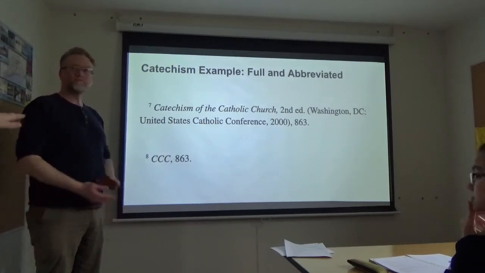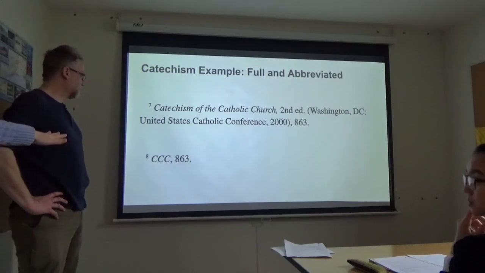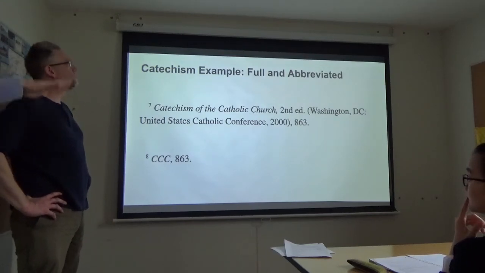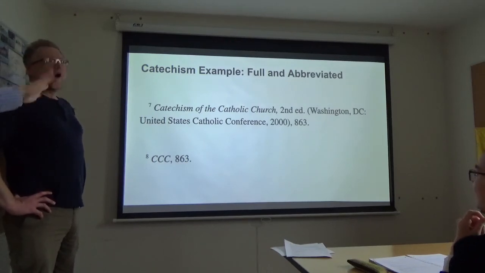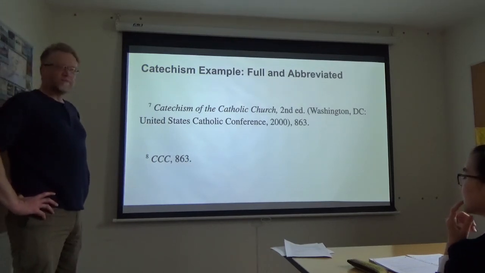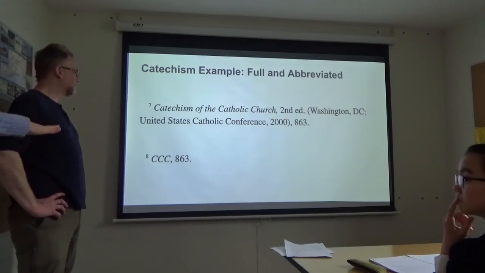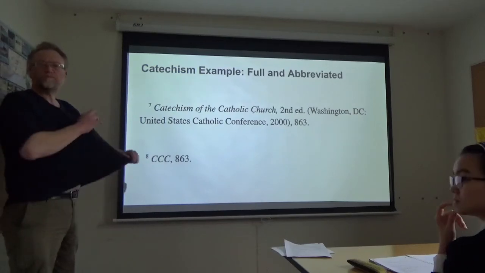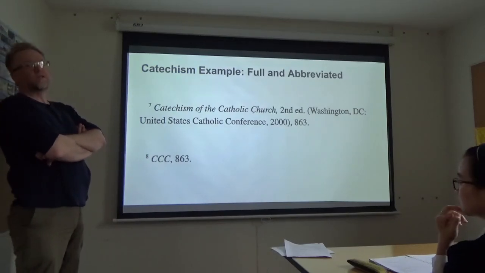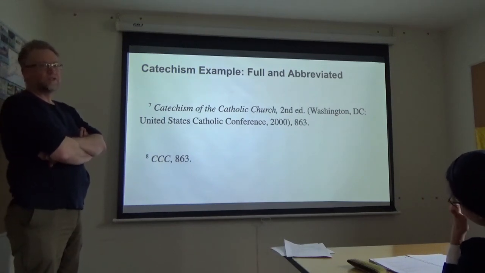I often see students only use the abbreviated one. They do not have the full one for their first citation. For some reason, I only see that with the catechism. People just remember the abbreviated, but remember your first citation for the catechism in your paper needs to be full. After that it can be abbreviated.